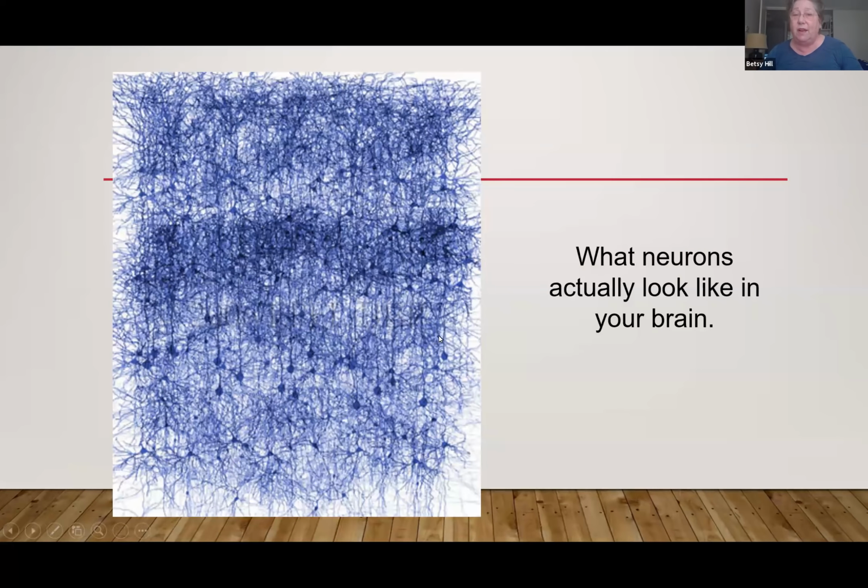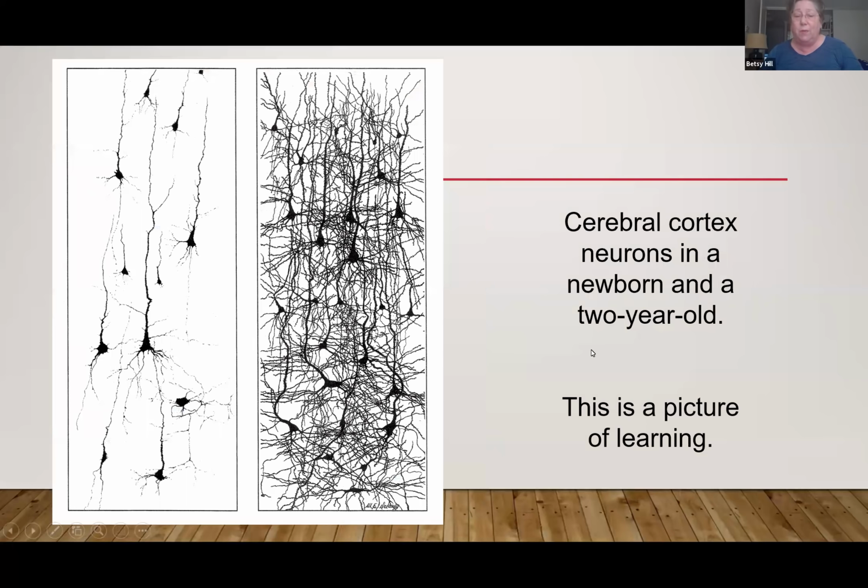But we don't start off like that. So when we're born, these are two more images of brain tissue from the cortex, but from younger individuals. The one on the left is a newborn. The one on the right is a 2-year-old. When we're born, we have about 85 billion neurons. And when we're adults, we have about 85 billion neurons. We don't create a lot of new neurons. Over our lives, we do create some.